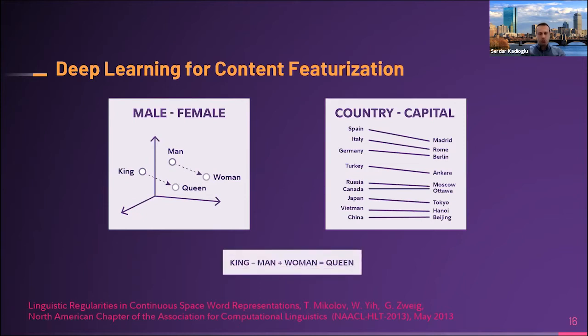In fact, if you do a bit of arithmetic and subtract the vector that corresponds to man from king, and add the vector that corresponds to woman, believe it or not, the vector you get as a result is the vector that corresponds to queen. So no person went in there to write that logic, but the machines were able to automatically infer that on their own. So that is very cool. And today NLP research has reached a state where machines can reason about the semantics behind language just like we do.